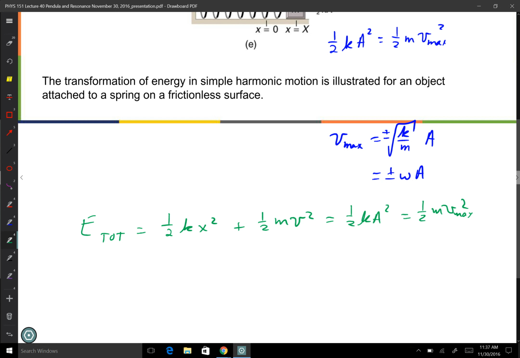So I can take this equation and use it to solve for the position for any speed, or more useful, the speed for any position.